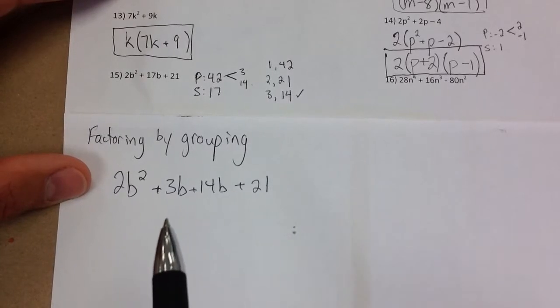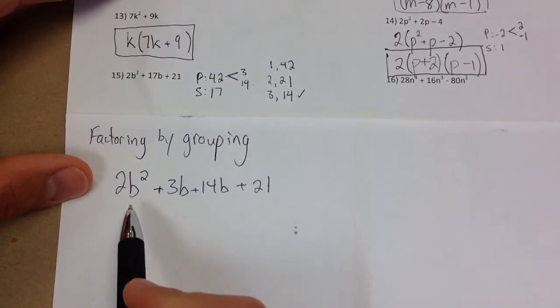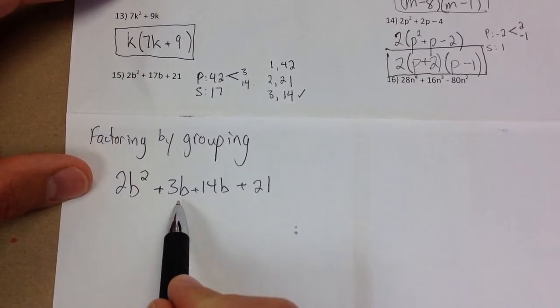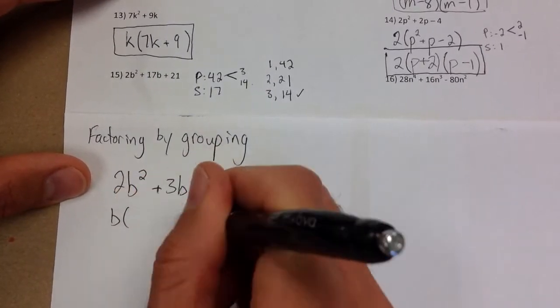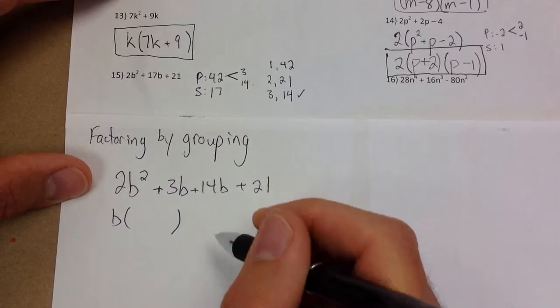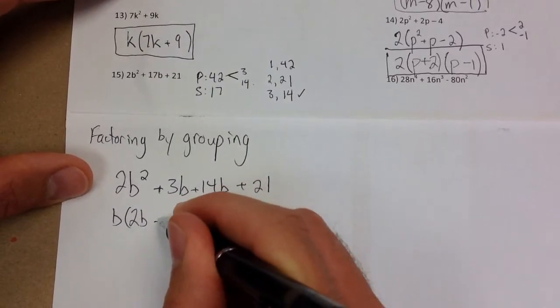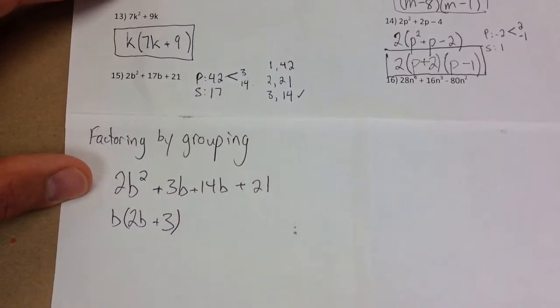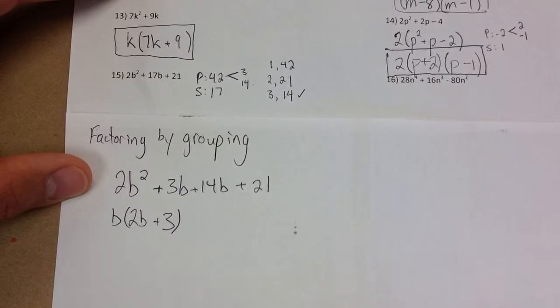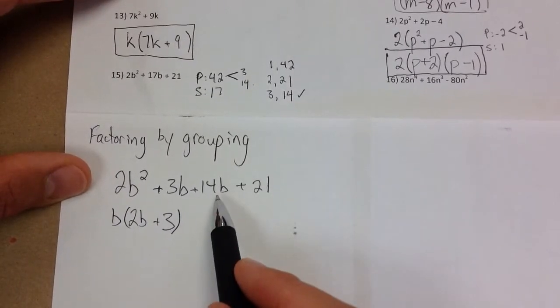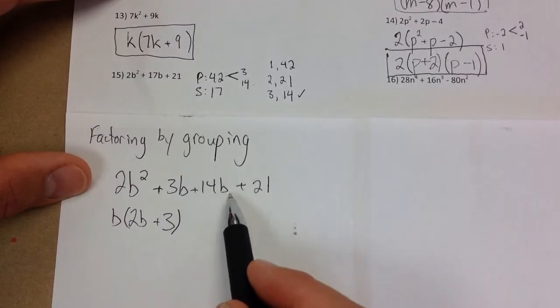Now we are going to find the GCF of the first two terms. It is b. We will factor that out of the first two terms, and we're left with 2b plus 3. This is what's called factoring by grouping, which is used when you have 4 or more terms. Next, we find the GCF of the last two terms.